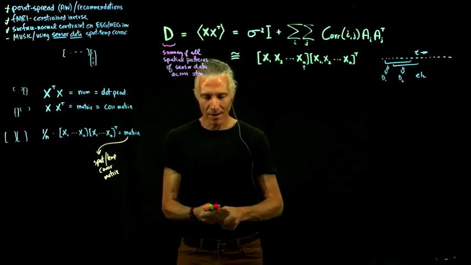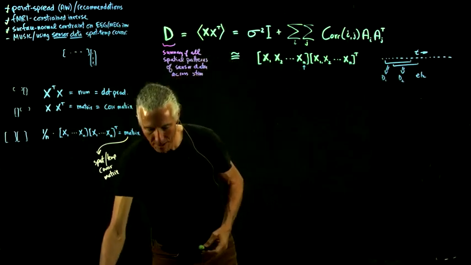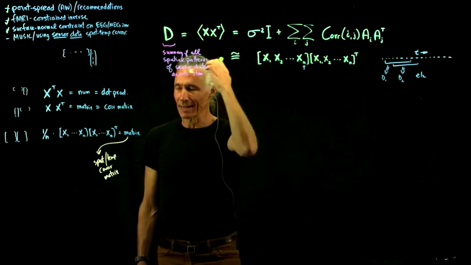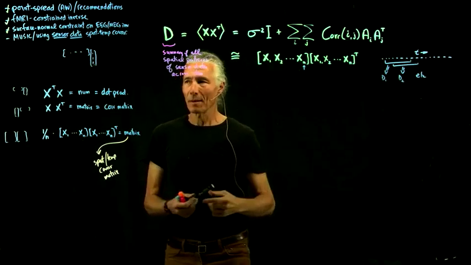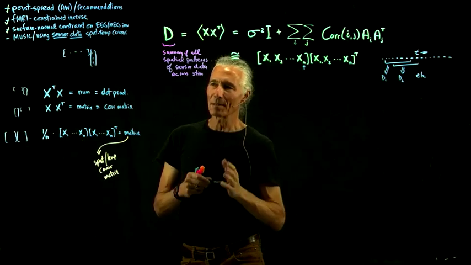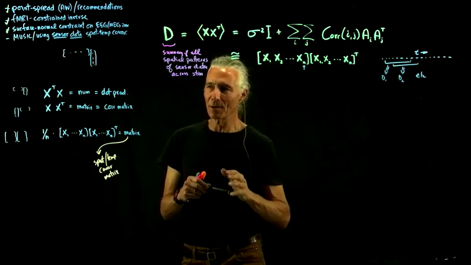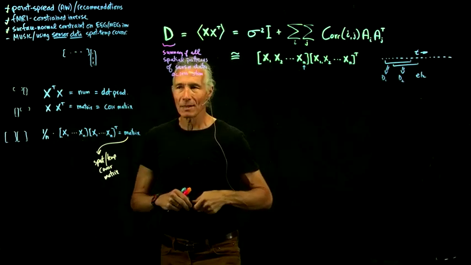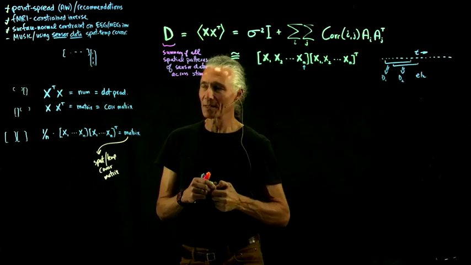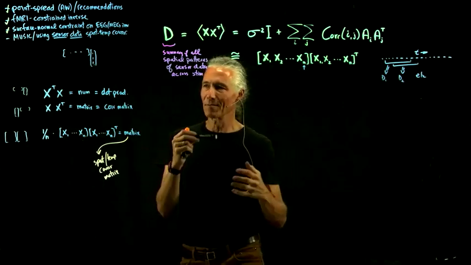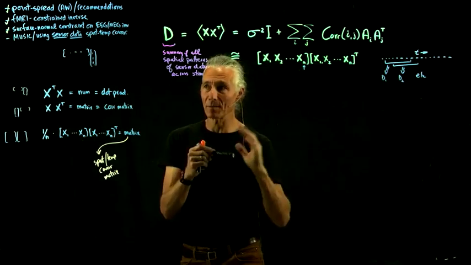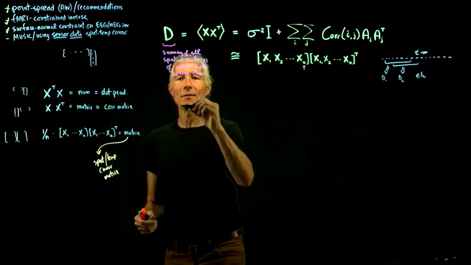One way of factoring a covariance matrix like that is to do something like principal components, to break it down into its orthogonal components, meaning spatial patterns that aren't correlated with each other. These aren't necessarily spatial patterns coming from one dipole. It's just an arbitrary way of factoring the matrix into a set of spatial patterns that are all uncorrelated with each other.